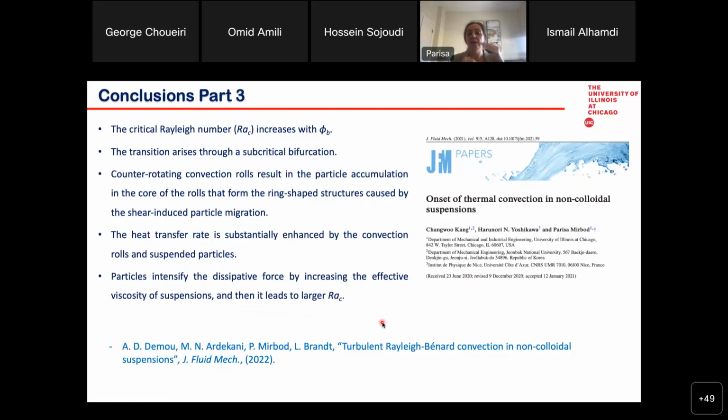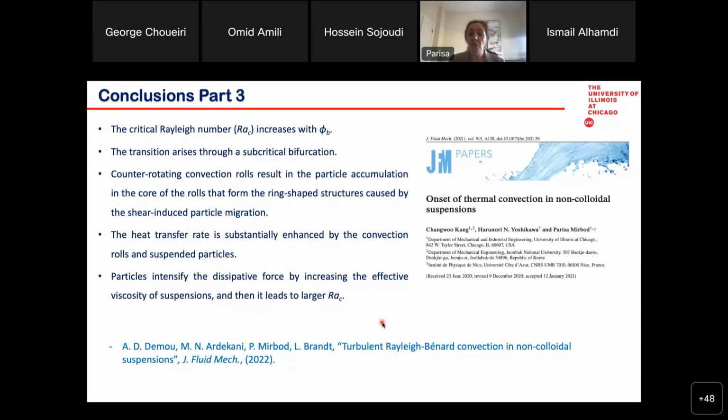As you know, convection occurs in between, and there is a flow between these two plates. We found that the critical Reynolds number actually increases a lot when you add particles in the system.